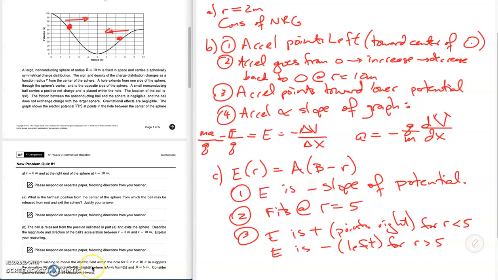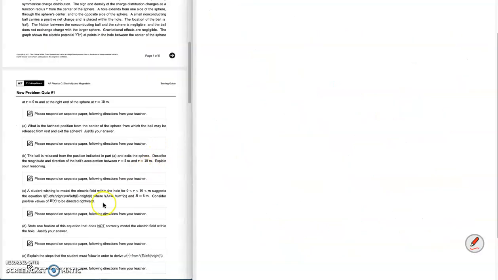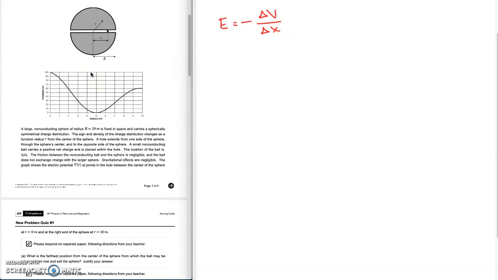When we scroll down to part D, we're going to see the question for where it fails, but I'm going to have to clear these things out before we get there. Okay, part D: state one feature that does not model the electric field. Remember that the electric field is supposed to be the negative slope of the electric potential. If we look at the graph, the electric potential should have a slope of 0 at R equal to 10.